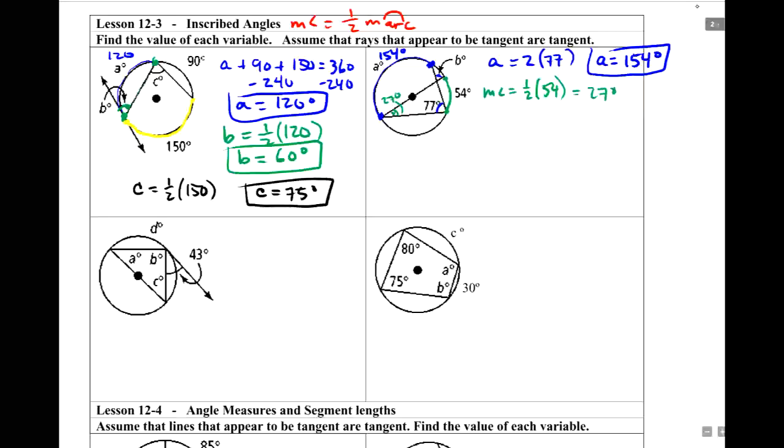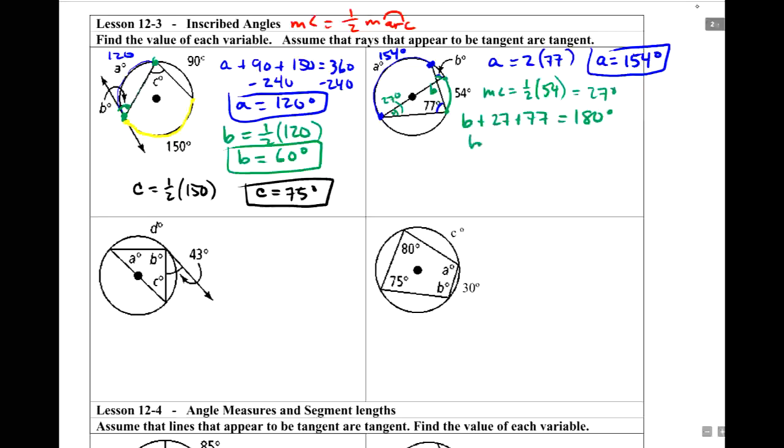and vertical angles. I know that B here is a vertical angle to right there, so that I know B plus 27 plus 77 equals 180 degrees.